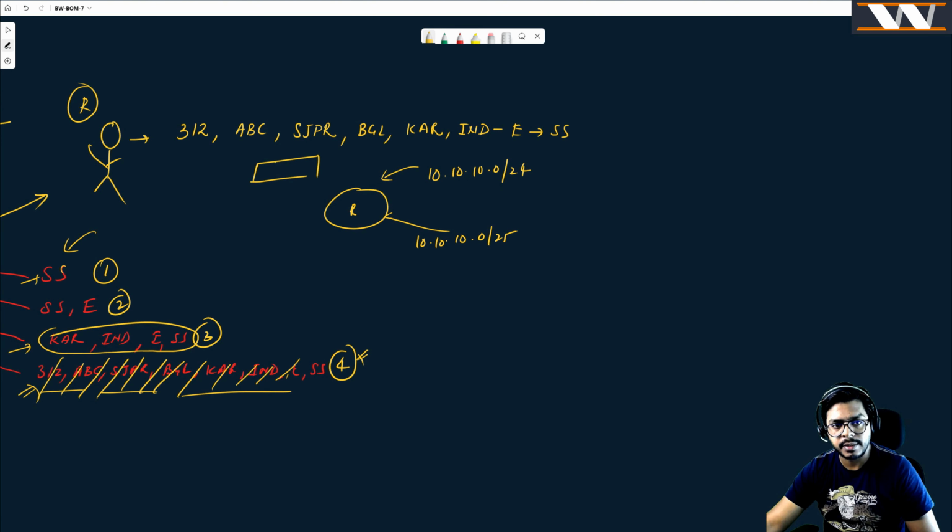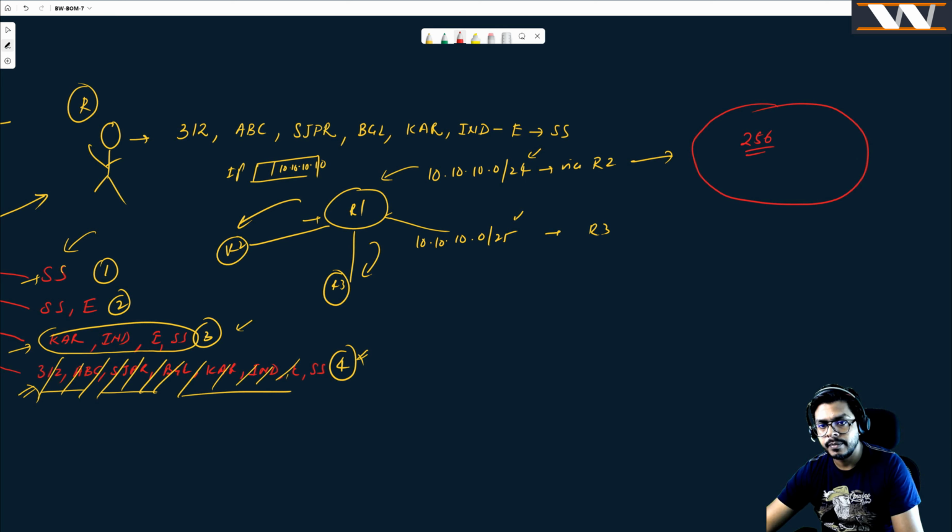So basically, you need to send this IP packet towards the next hop, and by consulting the route which gives more specific information. This route is giving information about 256 hosts, right? Because of the /24. This route is giving information about 128.